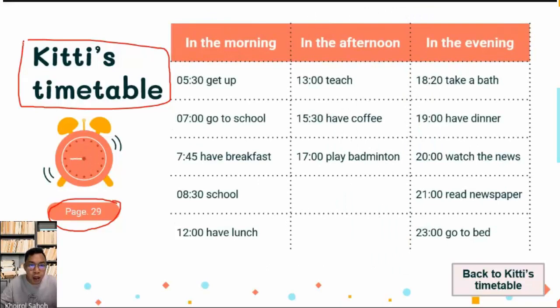Look at Get's timetable in the morning, in the afternoon, and in the evening. What does he do in the morning, in the afternoon, and in the evening? You can see here. Get up, go to school, have breakfast. What is that school? Maybe a school begin. Here school begins.